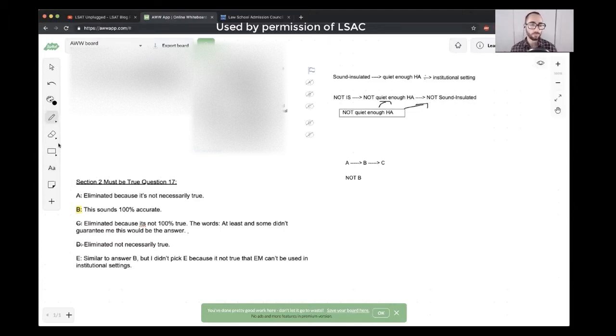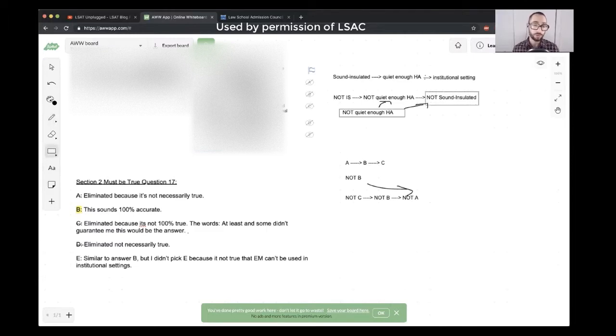And then we take from that, well, we should take the contrapositive of the big chain to allow us to see what not B might allow us to derive. So not C requires not B requires not A. Then we can see that the logical inference is not A. That's what we can infer here. And in this case, our not A is the not sound insulated.